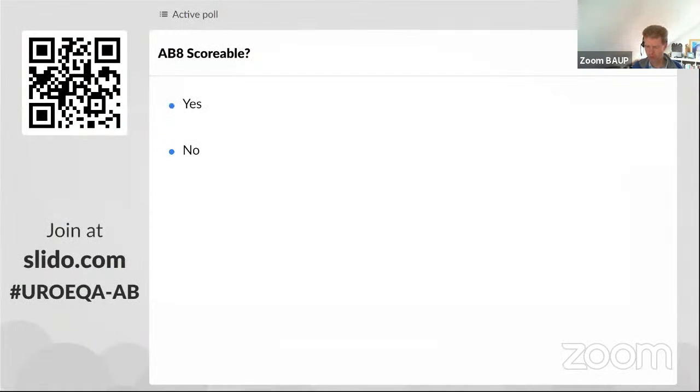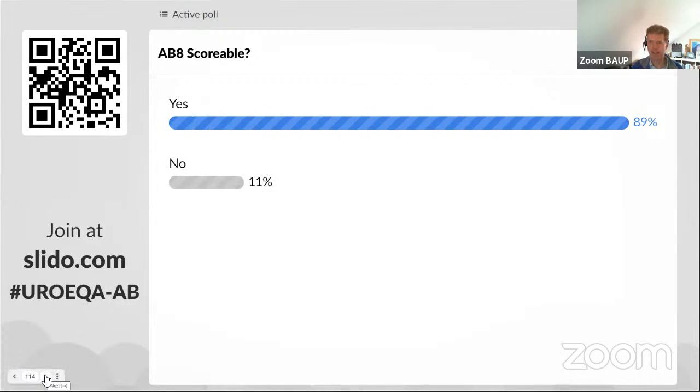So is it scoreable? Oh, everyone's getting very quick at the yes, just about score. Some people are not quite so happy, but good enough to score. Right, we won't give any immunohistochemistry, so when we come to the scoring, please bear that in mind.